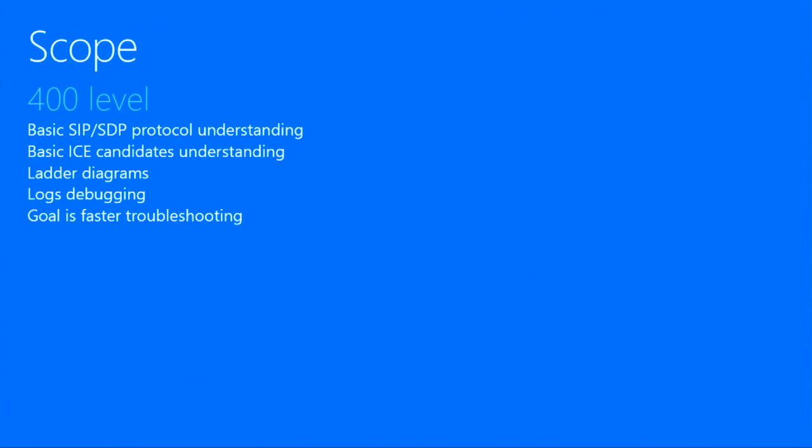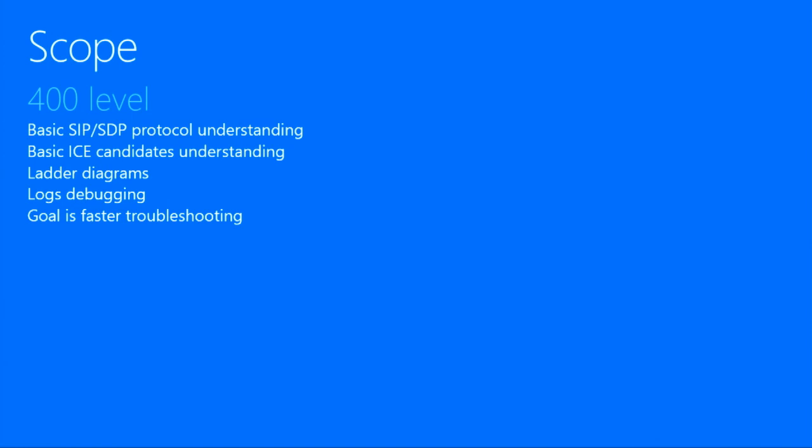We'll have a lot of diagrams and log debugging, so we'll be doing live log debugging here. The end goal with this session is faster troubleshooting. So if your day-to-day job doesn't involve looking at logs, ladder diagrams, or talking about protocols, then this session may not be for you, but it's a 400 level session.